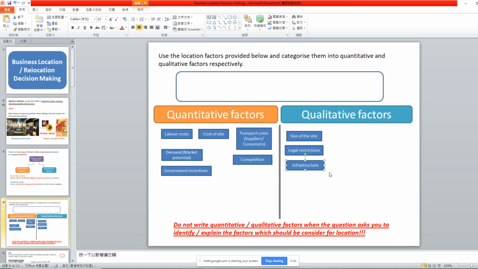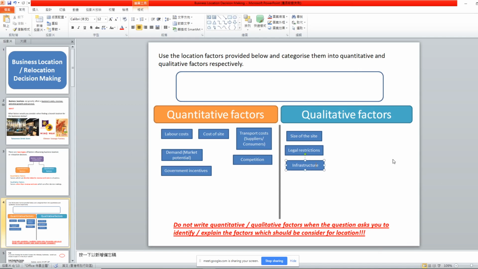So infrastructure: transportation, telecommunication, and utilities. That's all we have to consider for the factors when we are considering business location domestically.